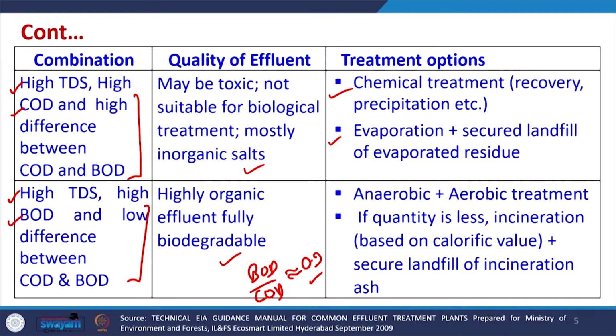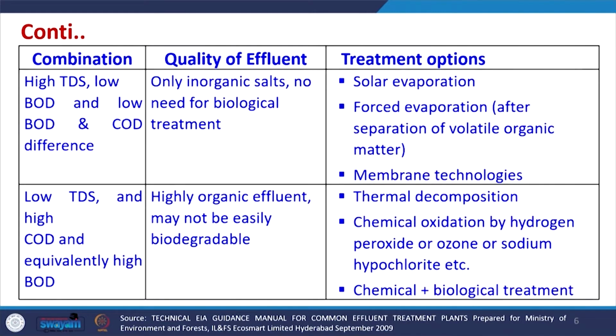So, it is fully biodegradable, and we can go for an anaerobic plus aerobic treatment option. If the quantity is less, we can go for incineration based upon the calorific value, and secured landfill for the incineration residue. So, these are the strategies.